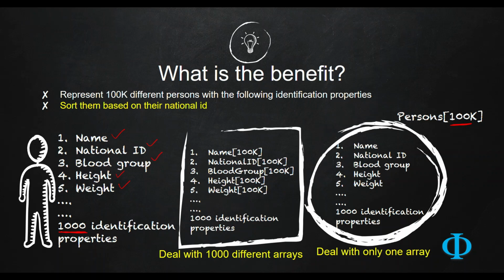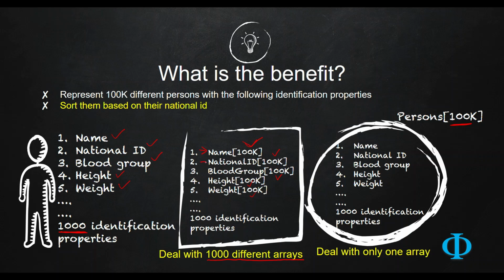So if it is in a non-object oriented way, you have to basically create 1,000 different arrays of length 100k each. So the first array will represent the name of all the 100k persons.